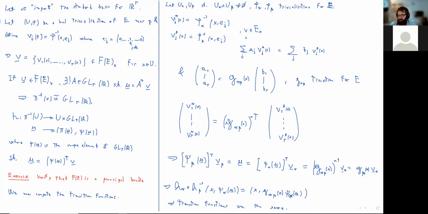So in the end, it turns out to be lots of linear algebra. There's only one thing that we have to check. The transition functions being the same tells you that this is the same bundle. It doesn't tell you that it's the same principal bundle.